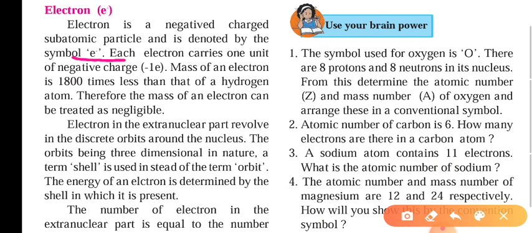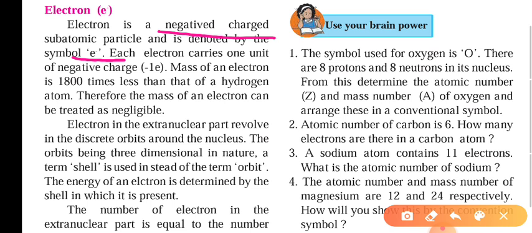Electrons are negative charged, protons positive, neutrons neutral. The electron carries 1 unit of negative charge. As the proton had a +1, this one is having a -1.